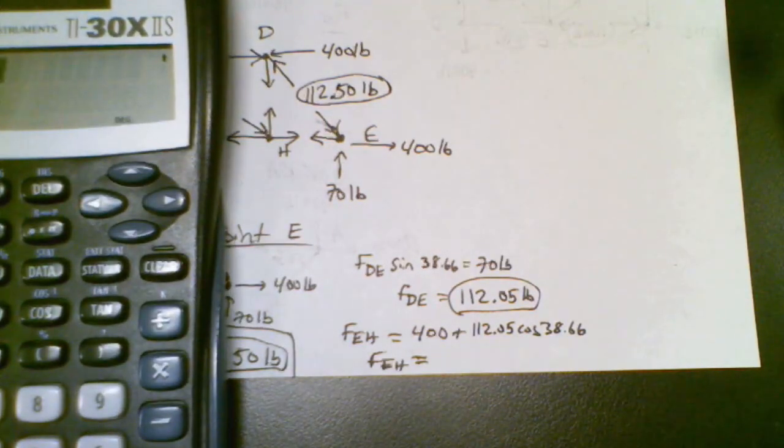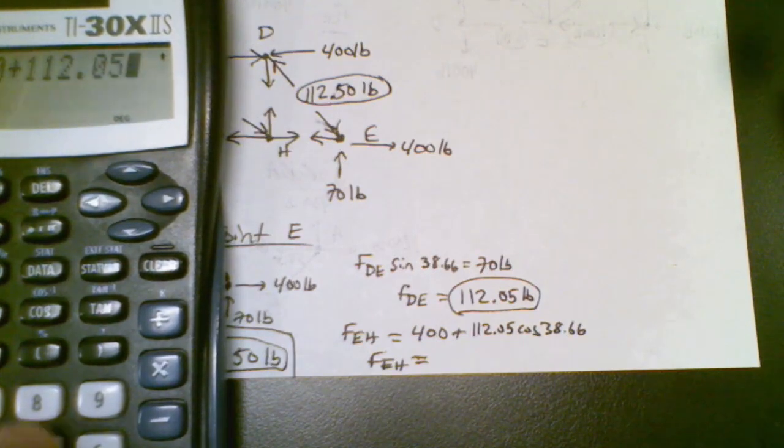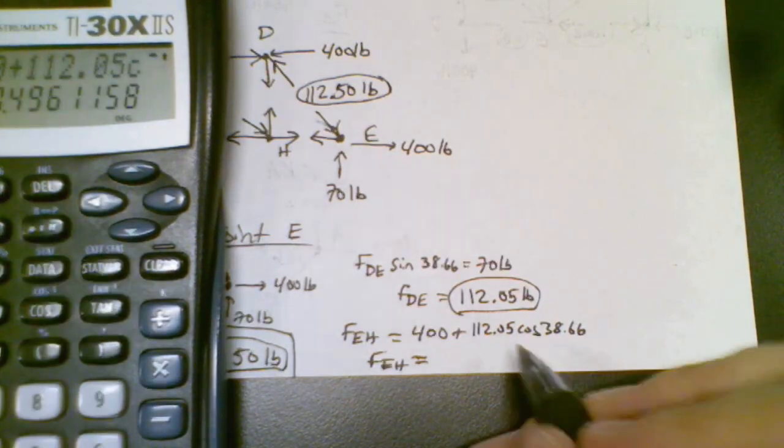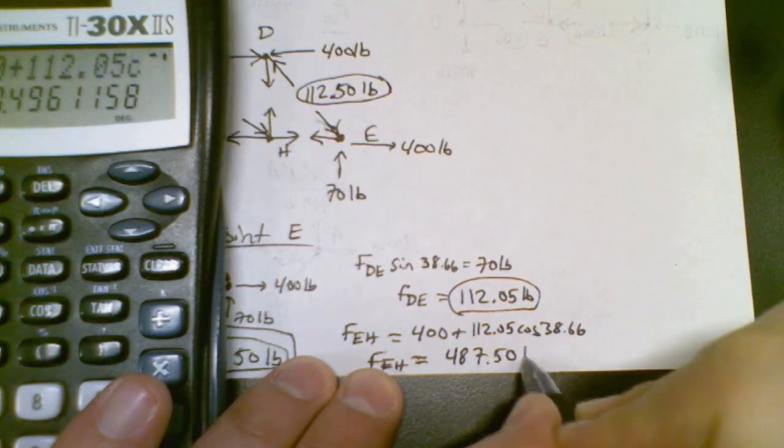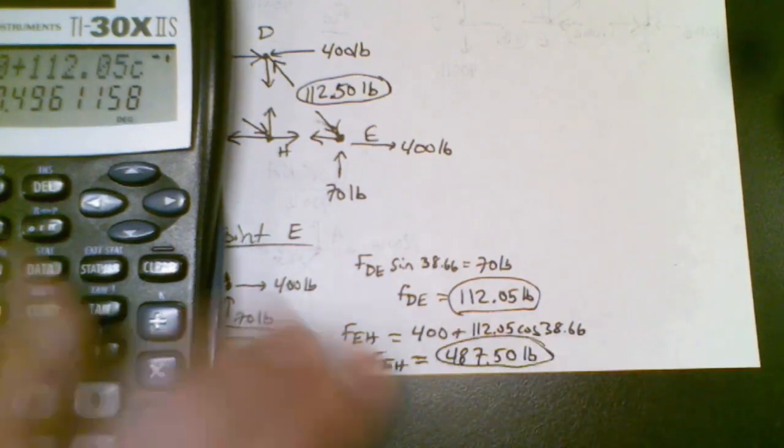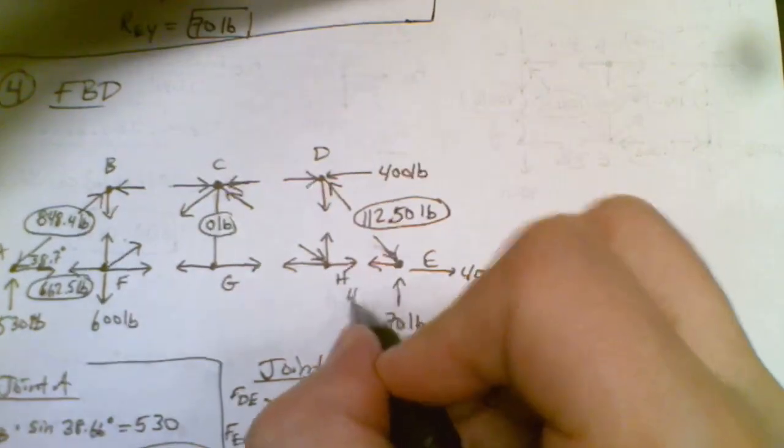So 400 plus 112.05 cosine of 38.66. And we have 487.50. So we got our other number here, 487.50.